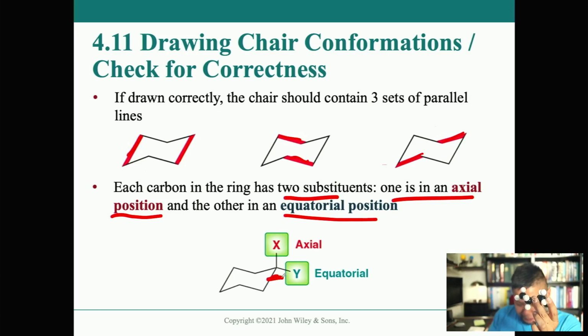Notice there's a hydrogen popping up at the top. That's the axial hydrogen, or the axial substituent. And the one pointing to the side like this, that's the equatorial one. Good stuff.